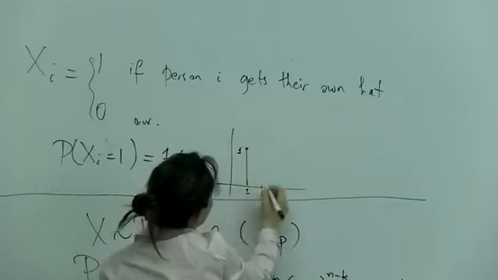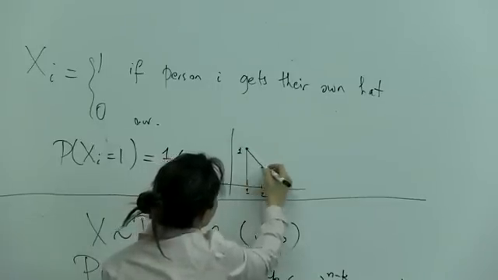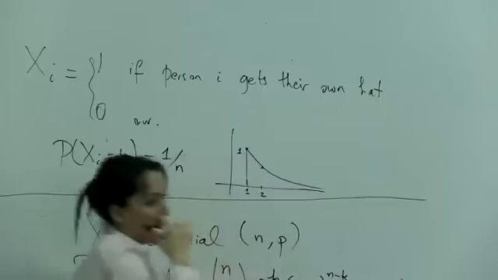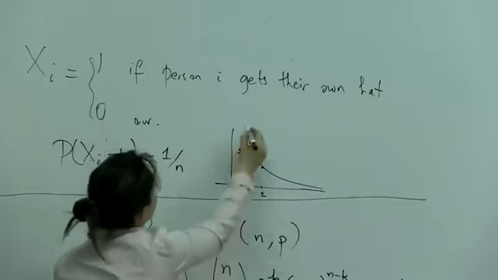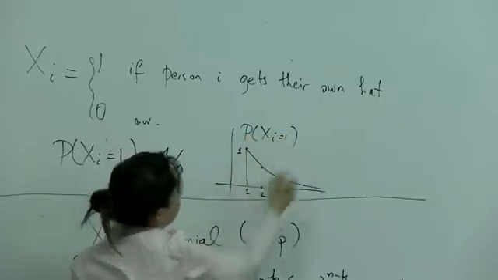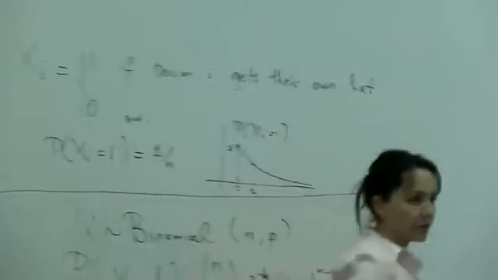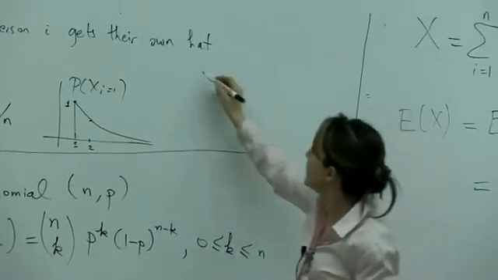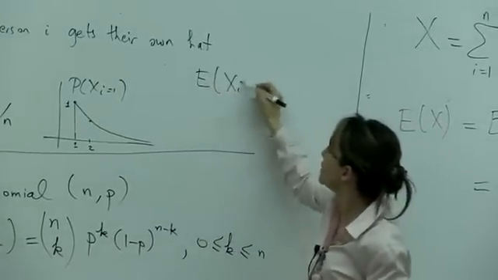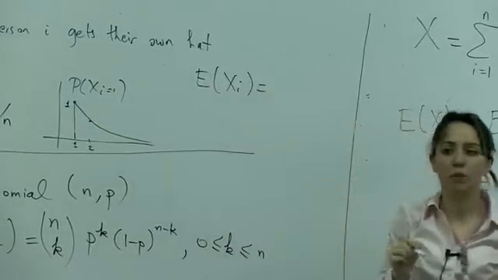And when there are two people, the probability is 1/2, and it decays like this. Okay? Probability that Xi is 1. Xi is a Bernoulli random variable, so the expectation of Xi is what? 1 over n.